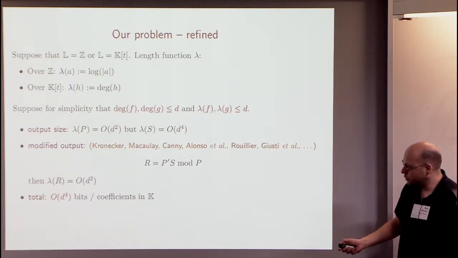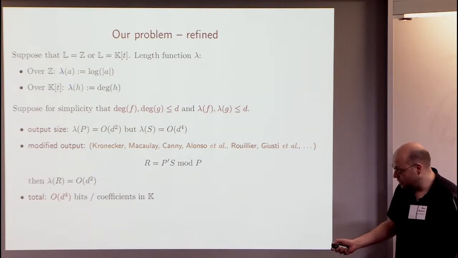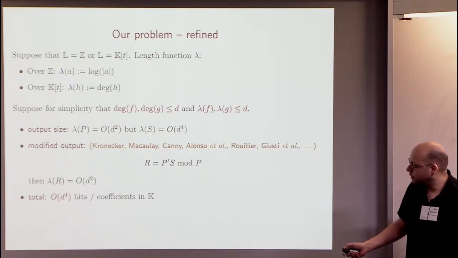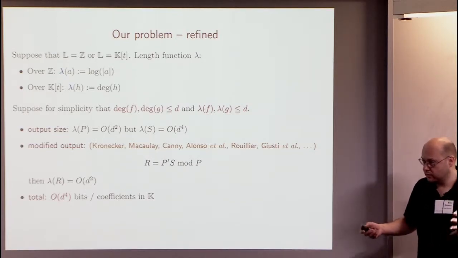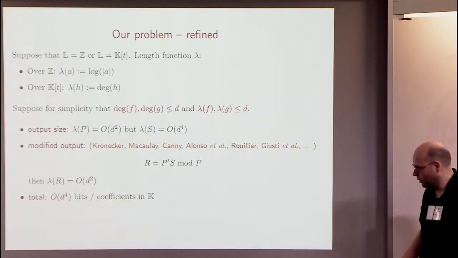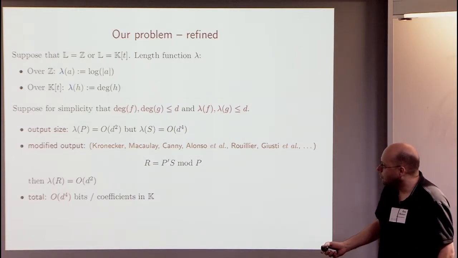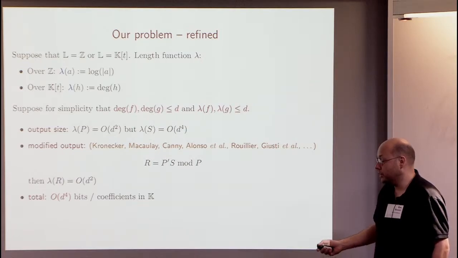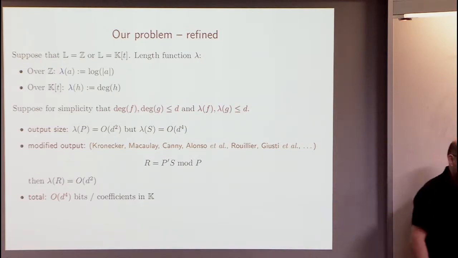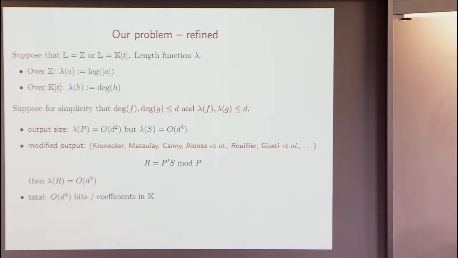So bottom line, once you choose properly what you want to compute, it fits in about d square bits in your computer per coefficient. So d to the 4 in total, because you have about d square coefficients to compute. The goal is to give an algorithm close to that, as close as we can. Sorry, I said bits because I was thinking integer case.